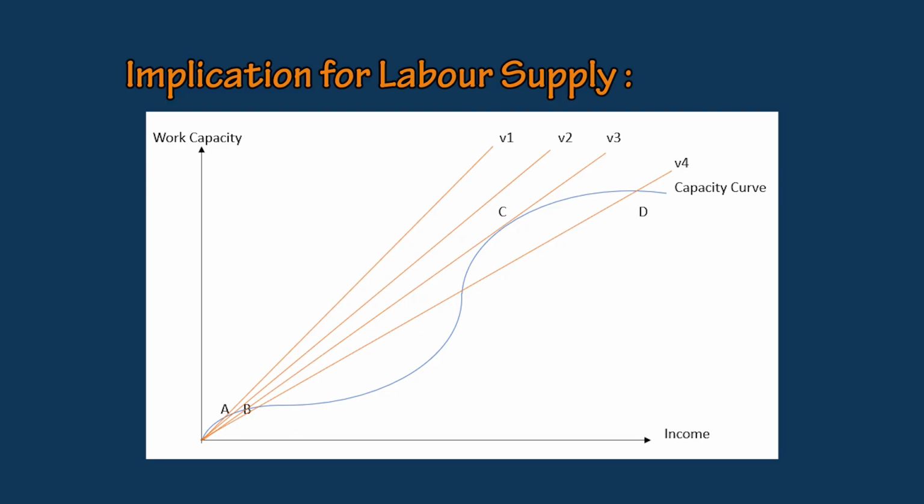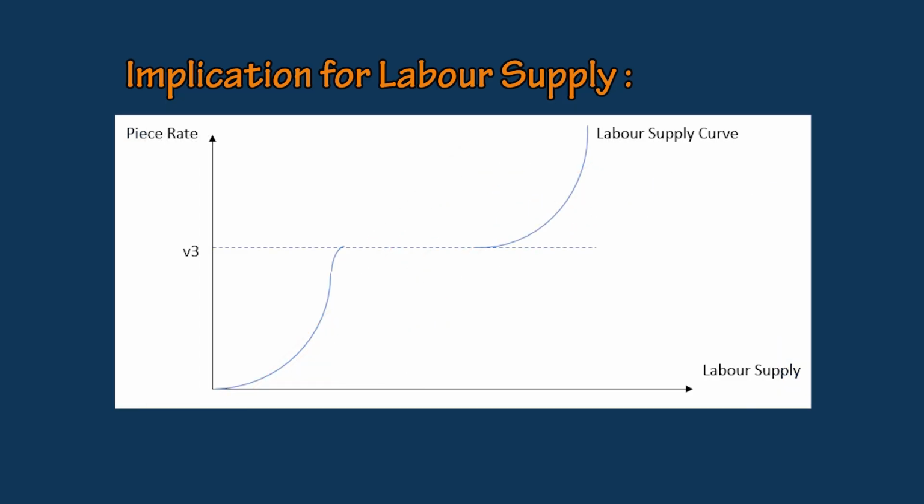What this particular figure tells us is that once the piece rate increases from V2 to V3, there is a significant jump in work capacity. So, there will be a corresponding quantum jump in the labor supply.